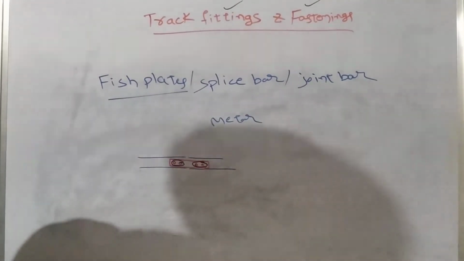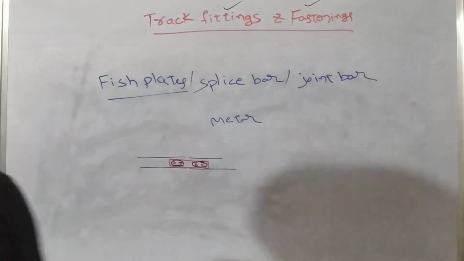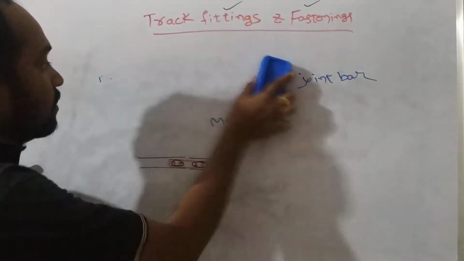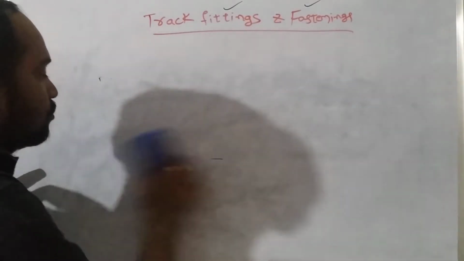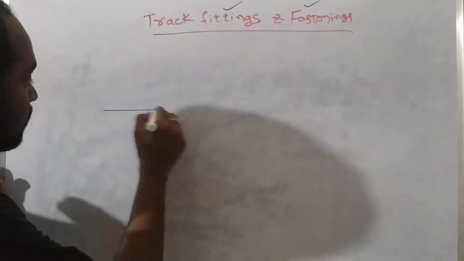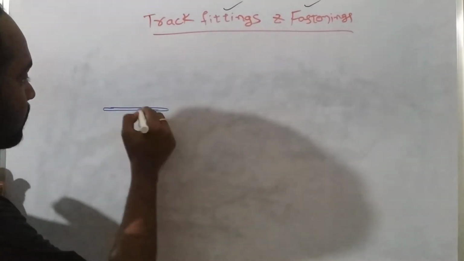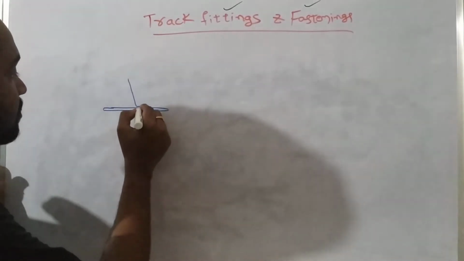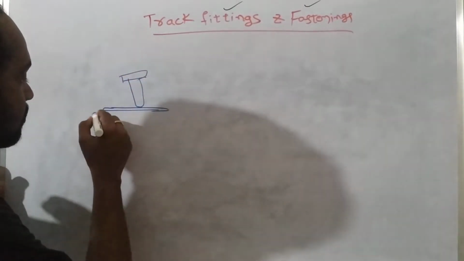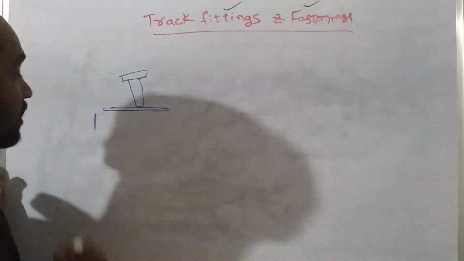So up to this we have discussed fish plates, and next there are different types of bearing plates. Bearing plates are used in the case of flat footed rails, because flat footed rails have a somewhat thin and large surface. This may be a sleeper upon which the rail has been laid.